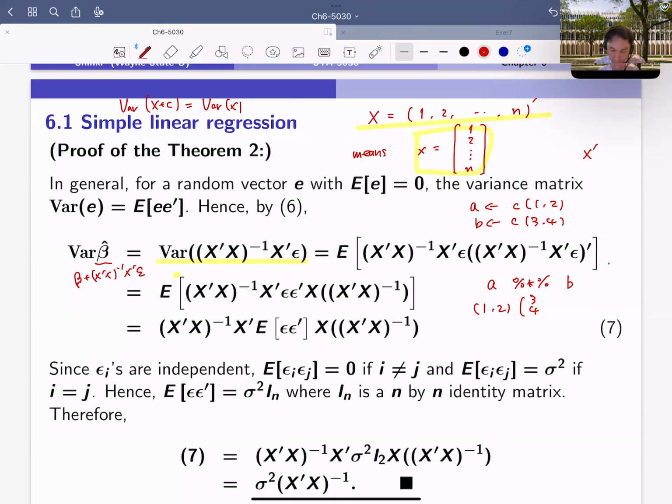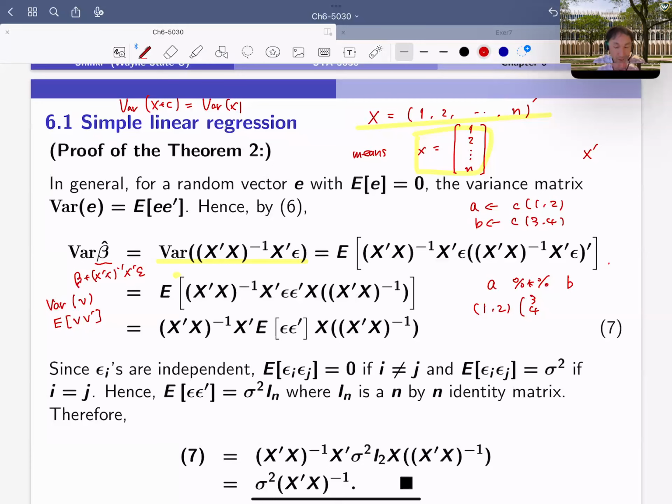Generally, the variance-covariance matrix of a vector V is equal to the expectation of V times V transpose. Then you can just verify it by writing everything out element by element.